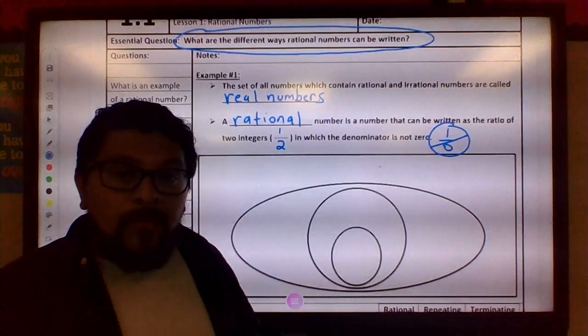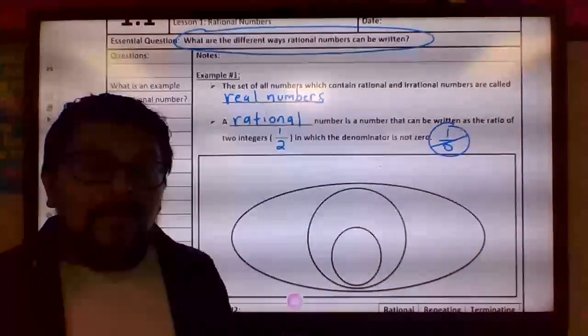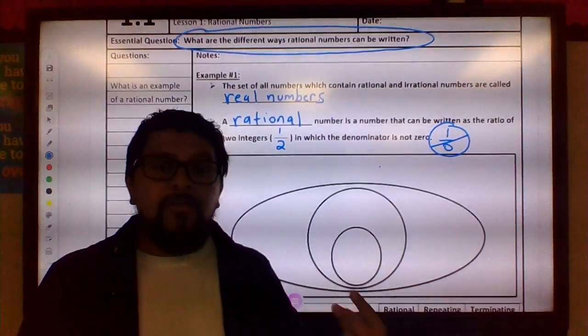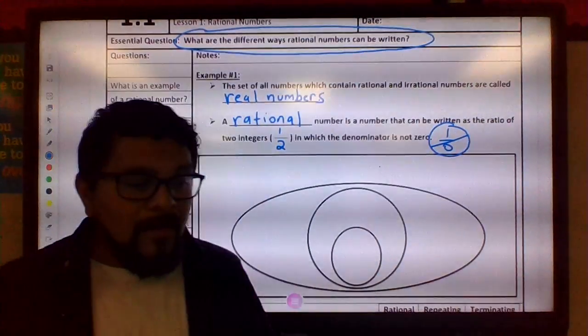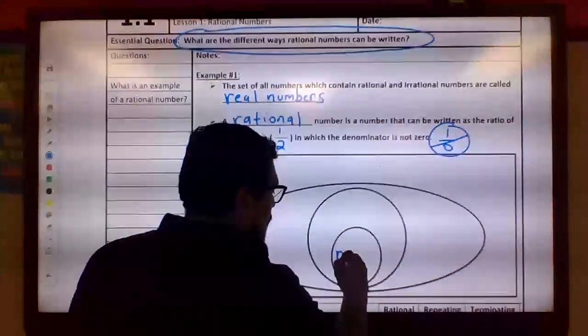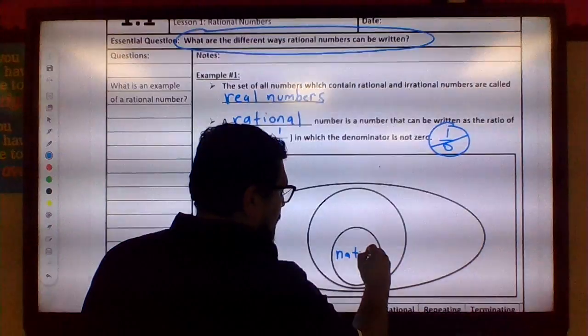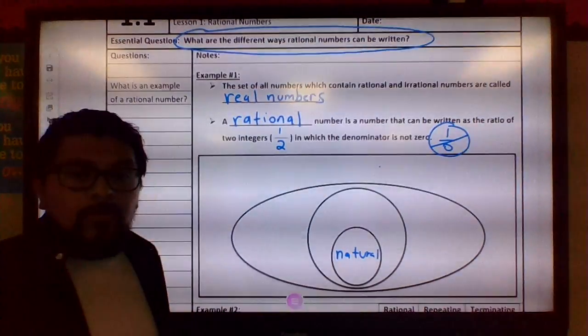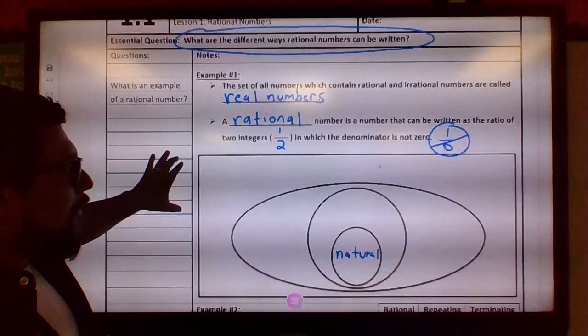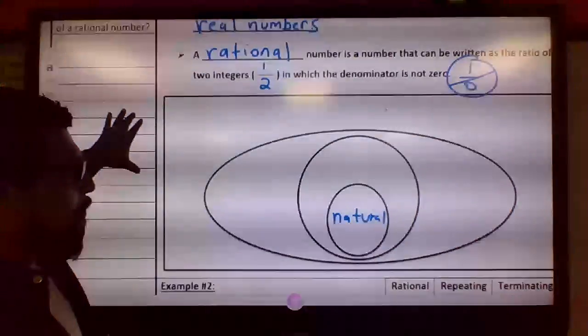So we're going to continue from here. In the beginning, when you started counting 1, 2, 3, 4, 5, 6, those are called natural numbers. So you're going to go ahead and put natural numbers in here. These numbers didn't start off at 0. They started off at 1.